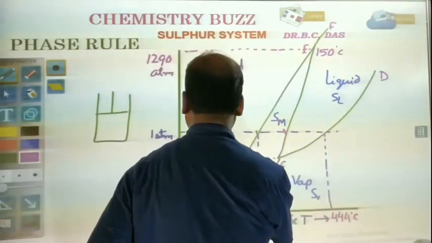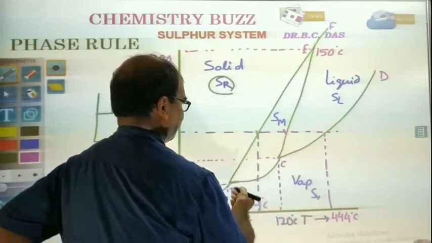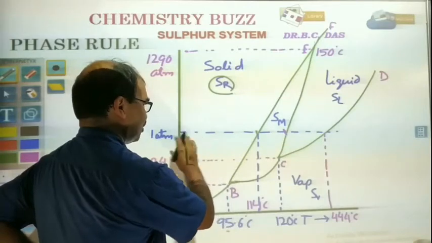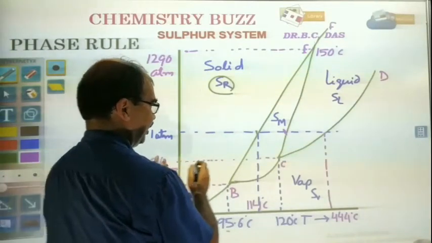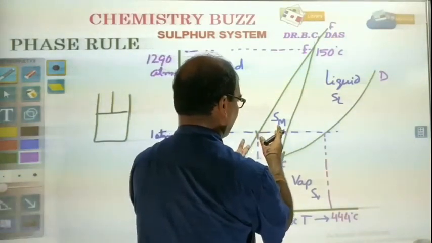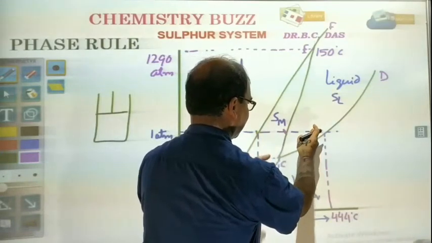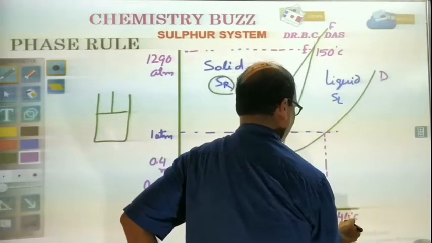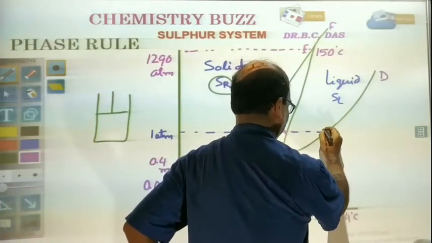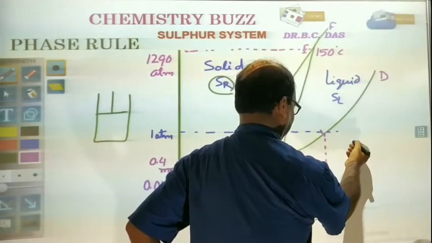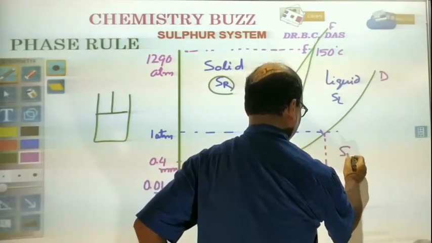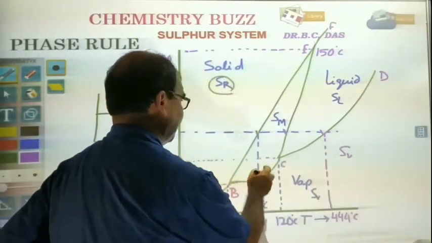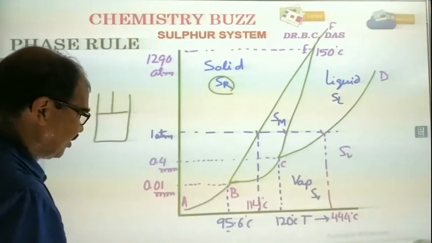So, as is seen from the graph, at constant pressure, if we heat, the rhombic sulfur changes to monoclinic sulfur, and the monoclinic sulfur changes to liquid sulfur at the melting point, and at 434, the liquid sulfur changes to the sulfur vapor, SB. Okay. So this is the effect of temperature at constant pressure.